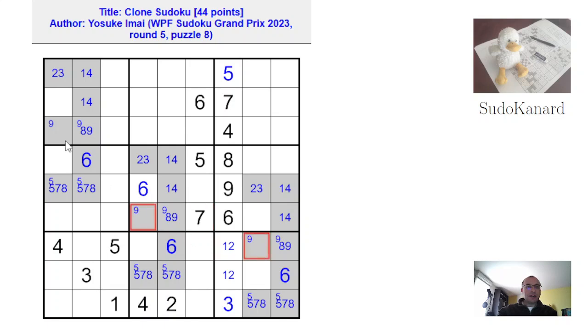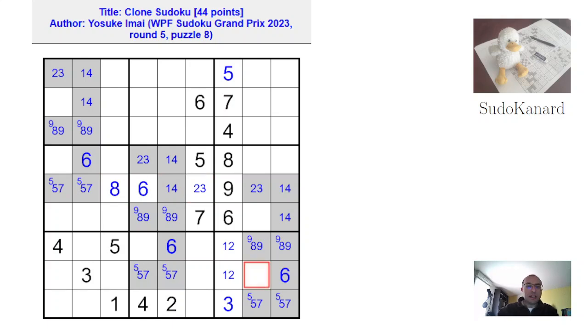So this here is from 8-9, and we have an 8-9 pair in here, so we can remove 8 from those candidates. This is from 2 and 3, and 8 on this row is here.